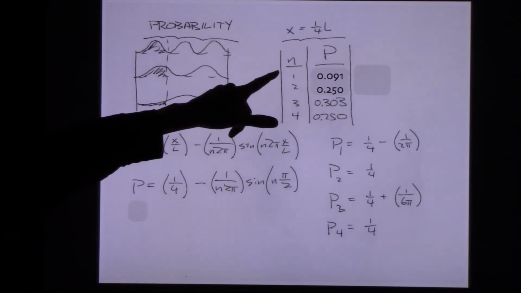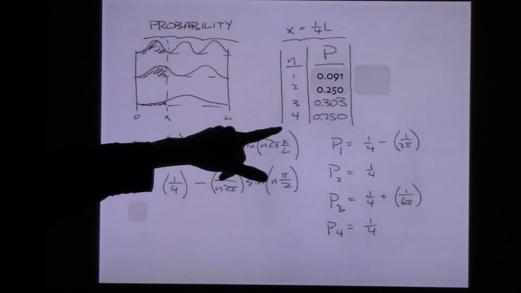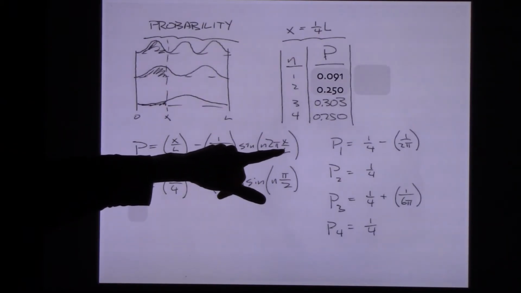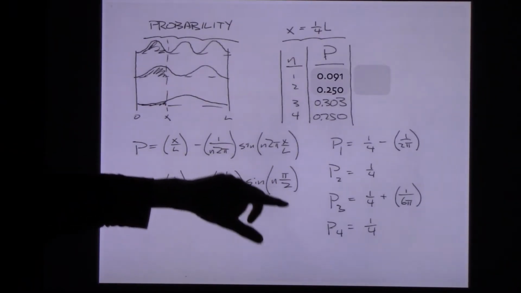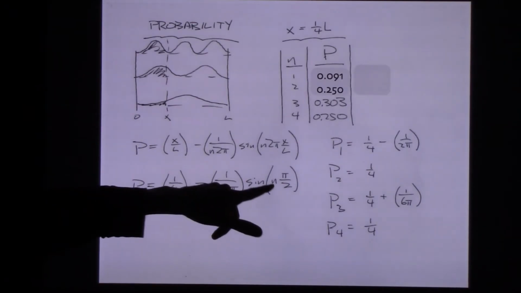But what's going to happen is 1 was substantially less than 25, 3 was a little bit more, 5 is going to be a little bit less, 7 is going to be a smidge more, because this factor out front is going to keep being 1 or -1.